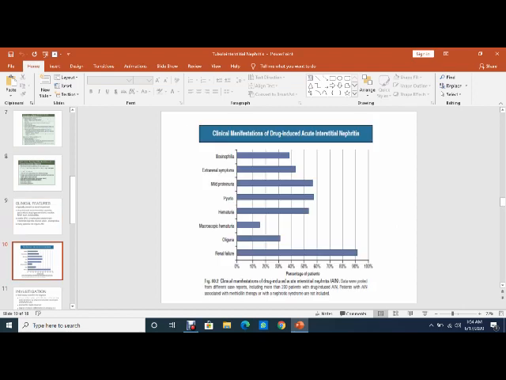This slide shows the clinical manifestations of drug-induced AIN. The data were pooled from different case reports, including more than 200 patients with drug-induced acute interstitial nephritis. But patients with AIN associated with methicillin therapy or with nephrotic syndromes are not included in this study.